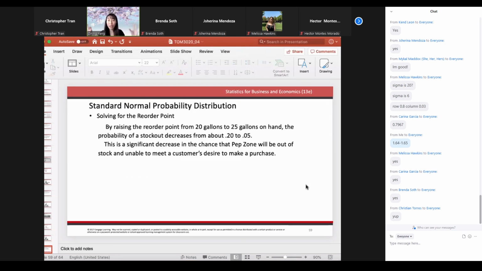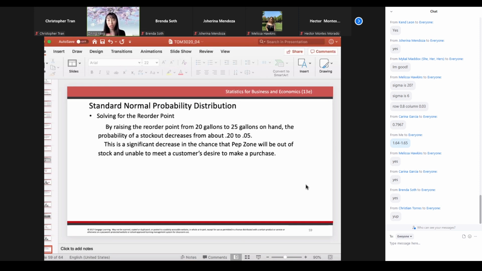Now looking at this whole process we just went through, we look at our historic demand, where the mean is, where the standard deviation is. We look at our current strategy, when to reorder. Currently, we reorder at 20 gallons. And we calculated the probability of having a stock out problem, which is 20%. And we wanted to reduce that probability from 20% to 5%.